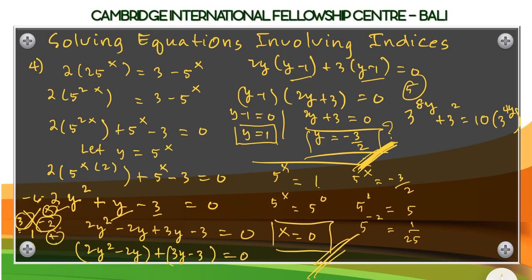So again, this is your homework. You do this one. 3 raised to 8y plus 3 squared is equal to 10 multiplied by 3 raised to 4y. This is your assignment.